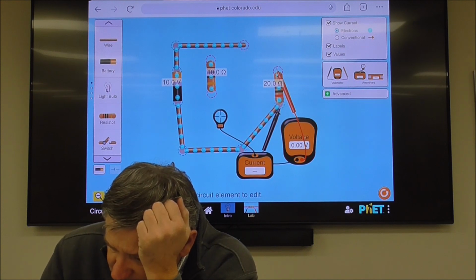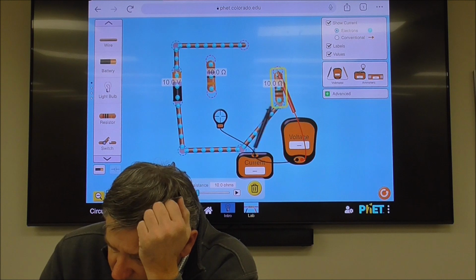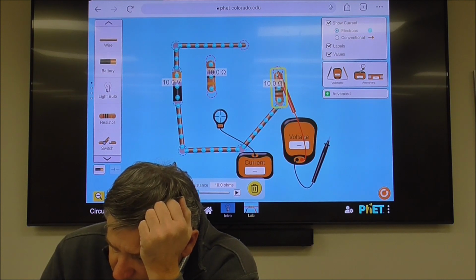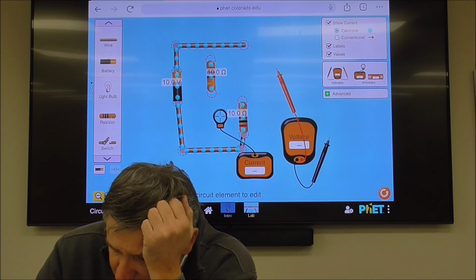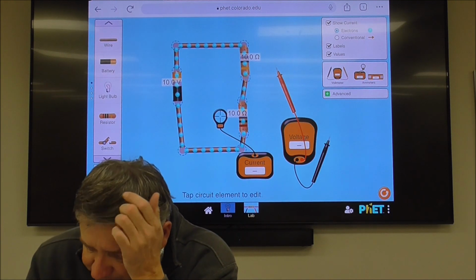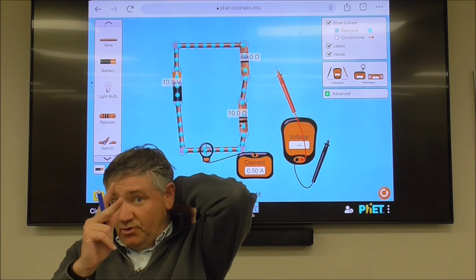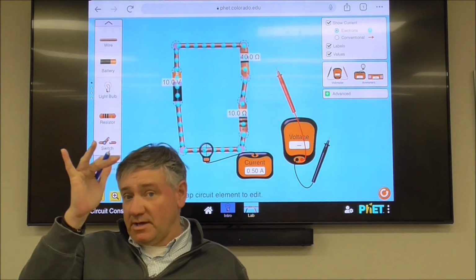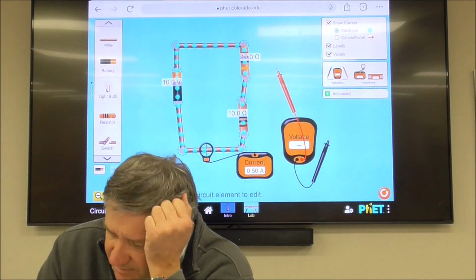And let me change that back to 10 ohms. Okay. And put the wire in here. And then I'm going to hook that up. Okay. Now I have two 10 ohm resistors that are in series. Okay? So 10 ohms, I still have the voltage of 10 volts.